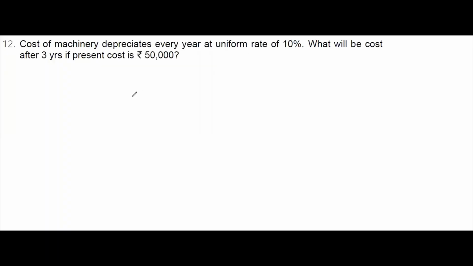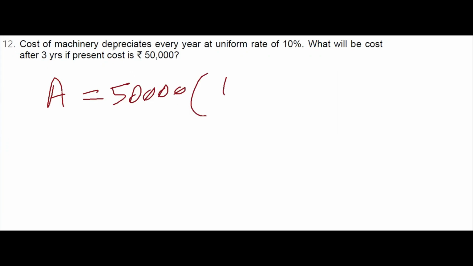The cost of machinery depreciates every year at a uniform rate of 10%. What will be the cost of the machine after 3 years if the present cost is 50,000? This is again straight away your actual cost, means after depreciation will be your principal, means now what is the present cost? It is 50,000 into 1.